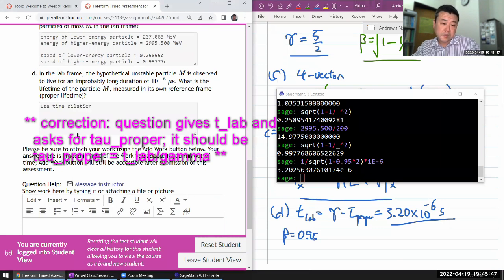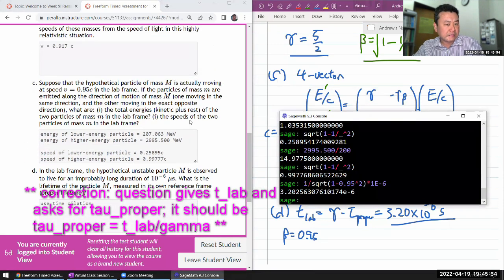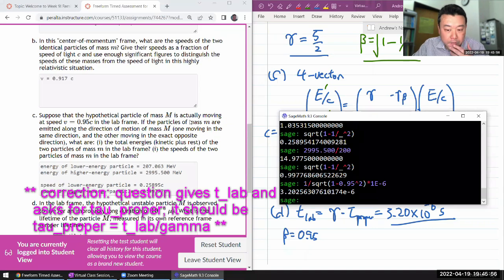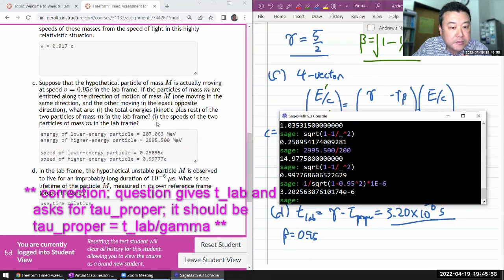And the work that you attach is not time limited. Especially if you find mistakes, one of the things I'd like to double check is that these two energies added together should be the energy of the hypothetical particle. Let me just double check that is the case. The energy of the original particle should be gamma mc squared, and here gamma is 1 over the square root of 1 minus 0.9 squared.